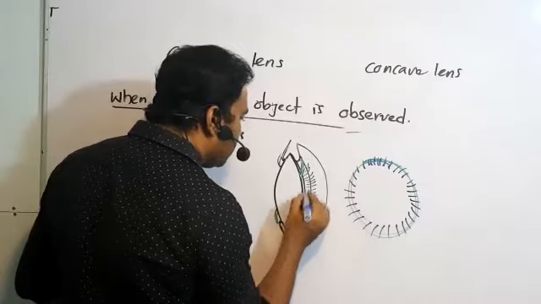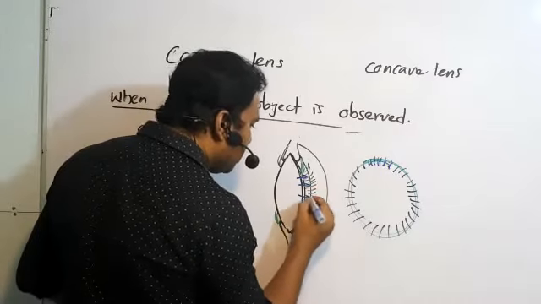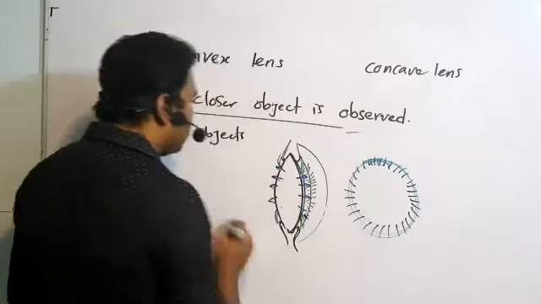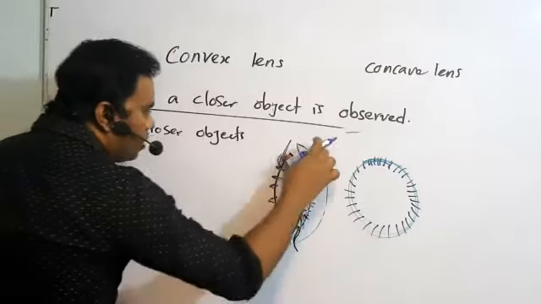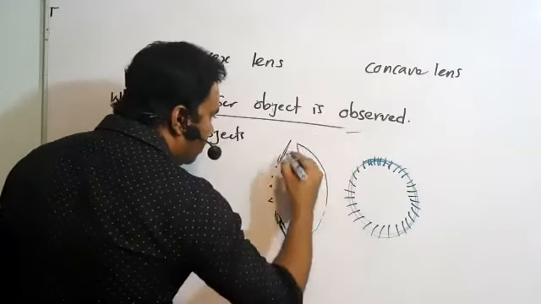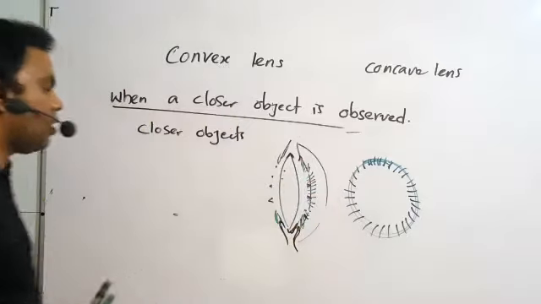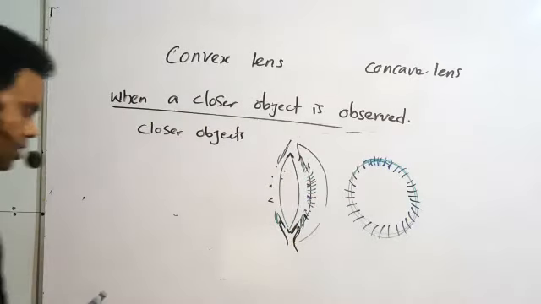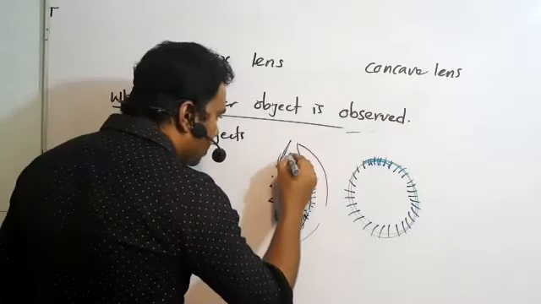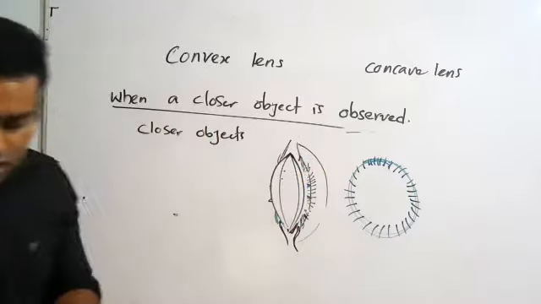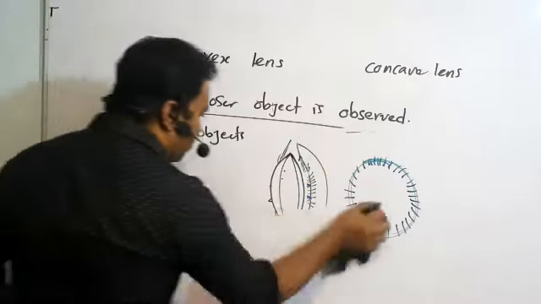As a result of this, the eye lens curvature is increased. The usual or typical curvature is like this, and because of the action of these ciliary muscles, its curvature increases like this. I think you can understand it. Good.